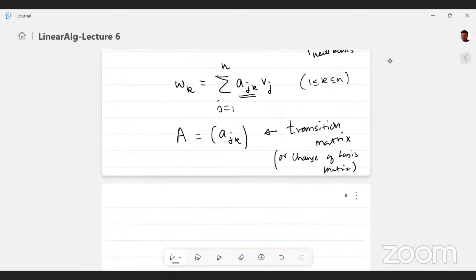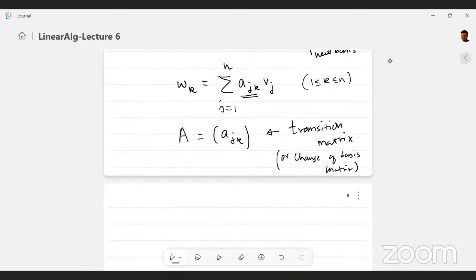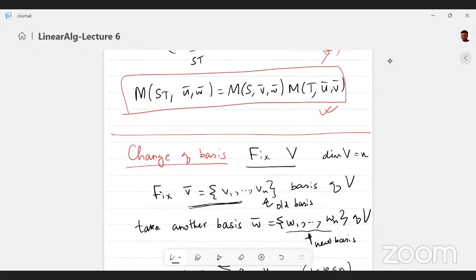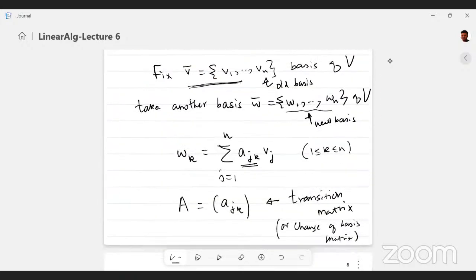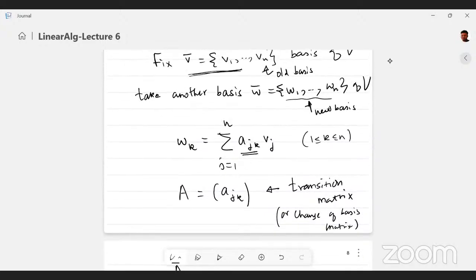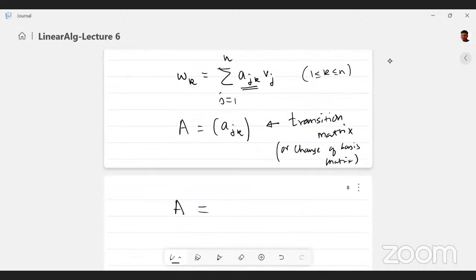We need to understand this, but there is a simpler way to put it. If you just note this, I can take the linear transformation identity from V to V, and then write this A as the matrix corresponding to the identity with respect to these two bases, U bar, V bar.